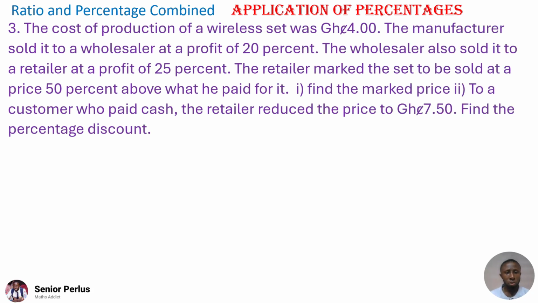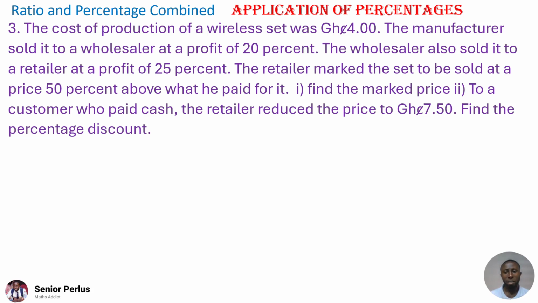Ratio and percentage combined. The cost of producing a wireless set was 4 Ghana cedi. The manufacturer sold it to a wholesaler at a profit of 20%. The wholesaler also sold it to a retailer at a profit of 25%.